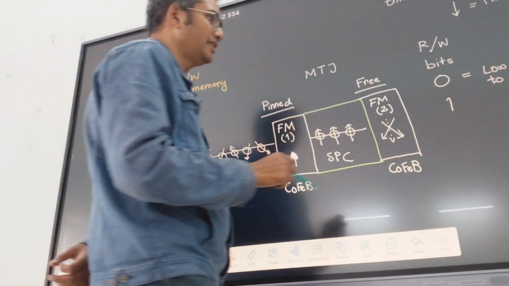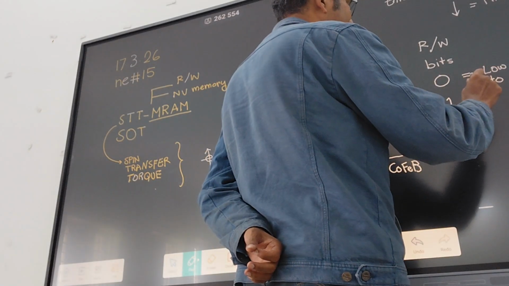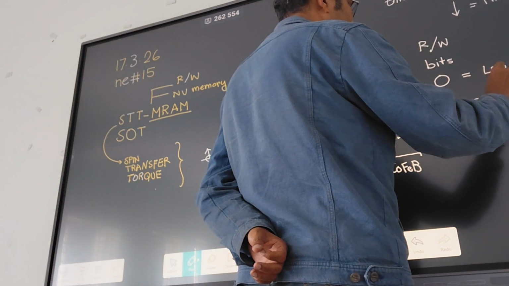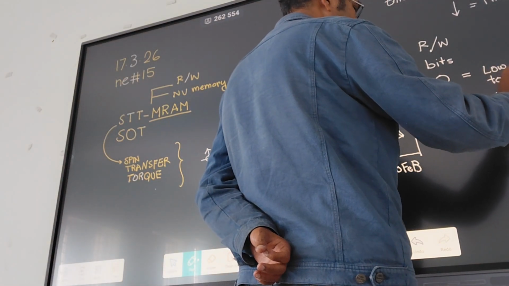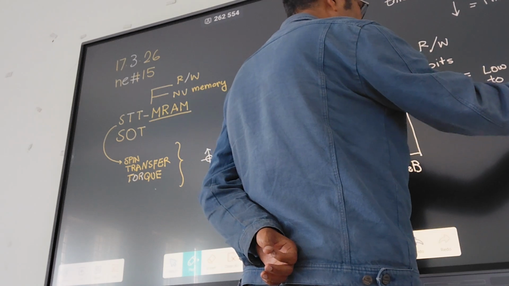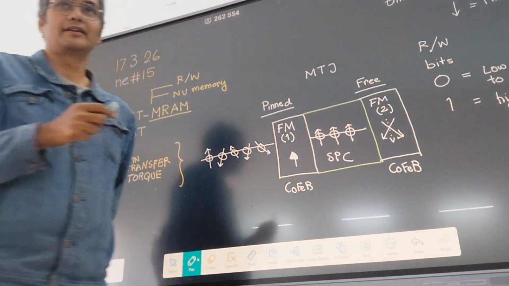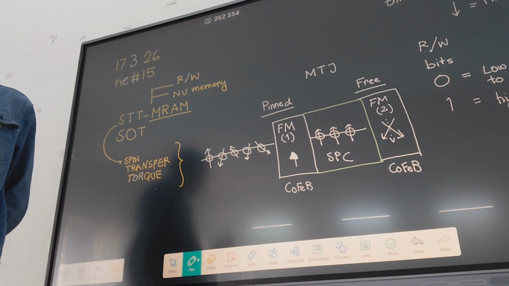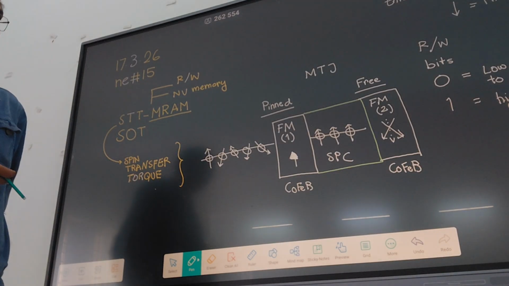And when I say 1, it means there is high resistance to the spin current. If it is low, it will be 0; if it is high, it will be 1.